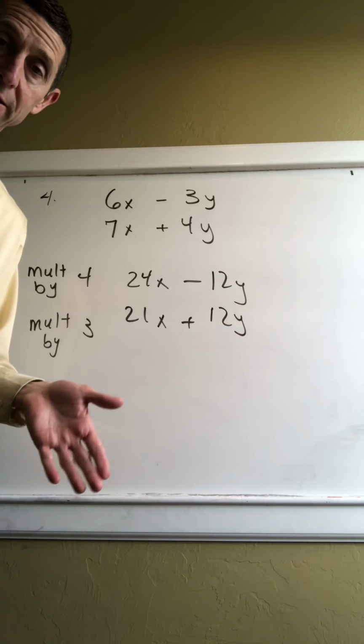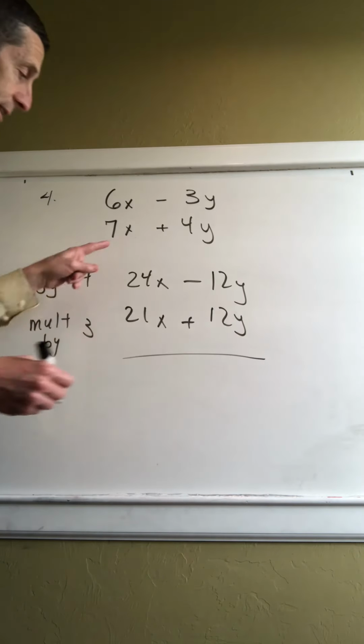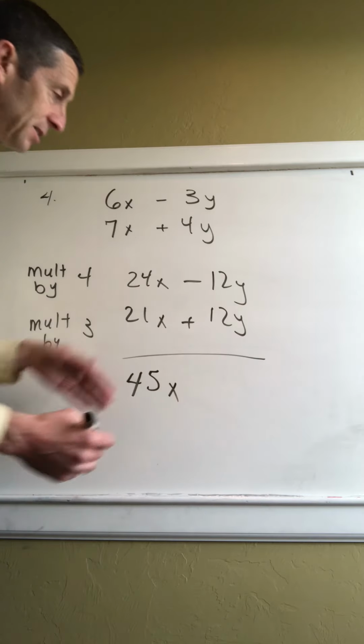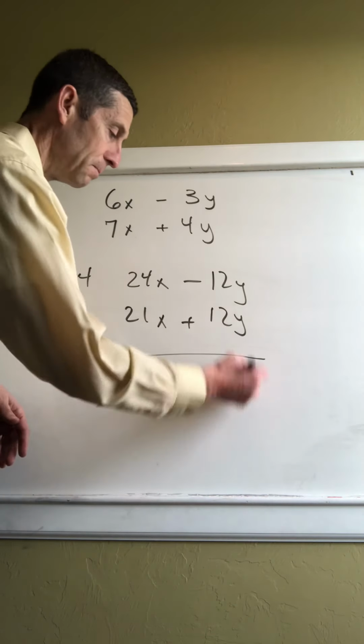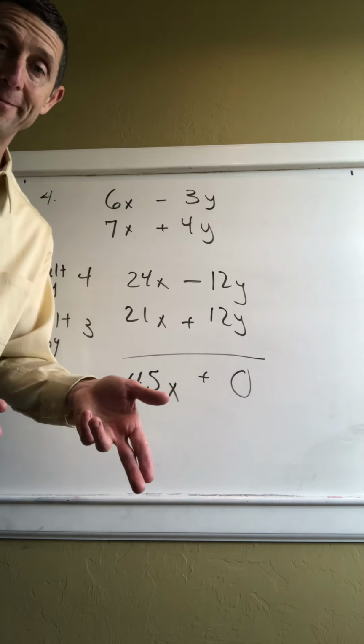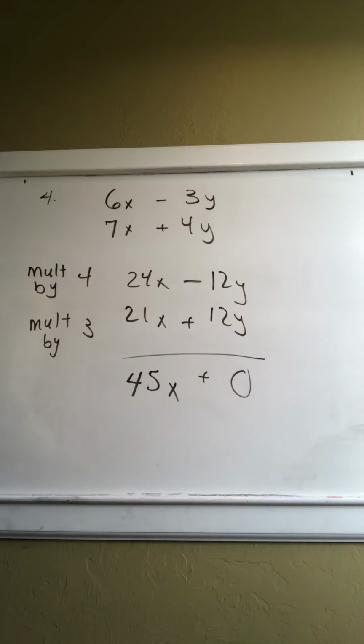So our objective was to get our y's to eliminate. We've got it. I can add 24 and 21. What is that? 45x. I add the y straight down. Bam, they eliminate. So you have to do a double move on the problems today on Homework 13 to get them to eliminate. I say we start it.